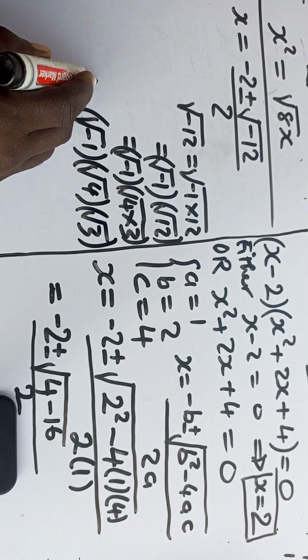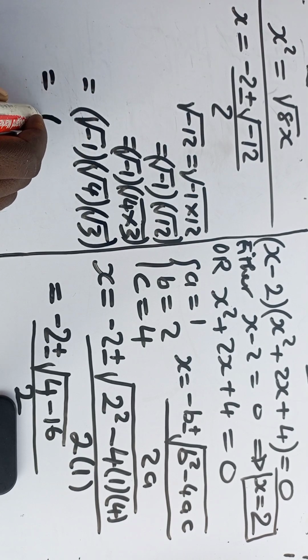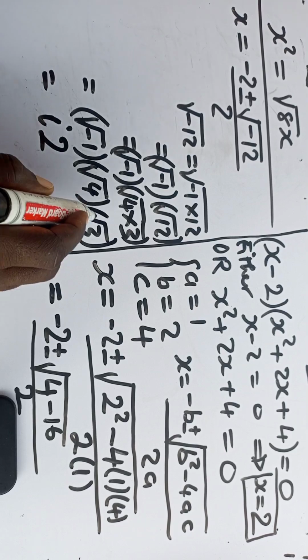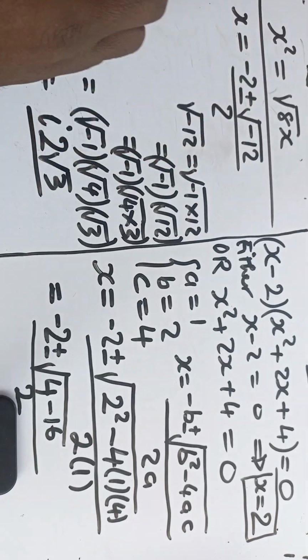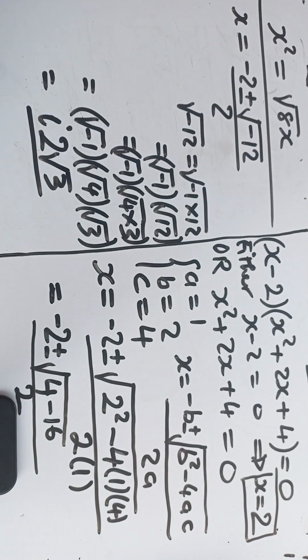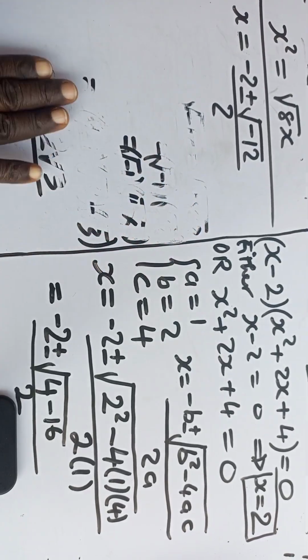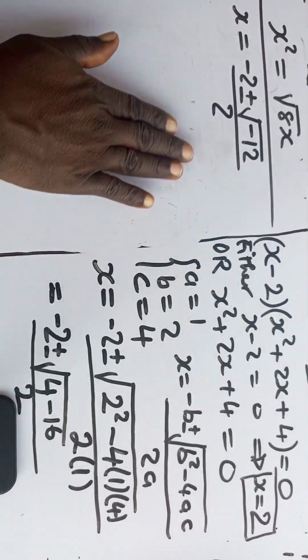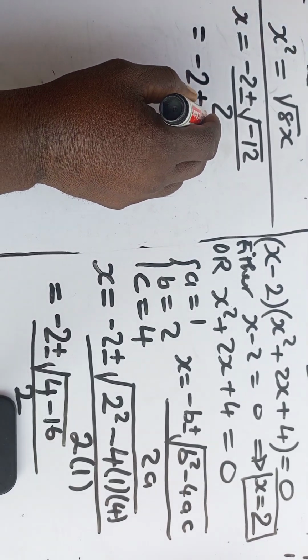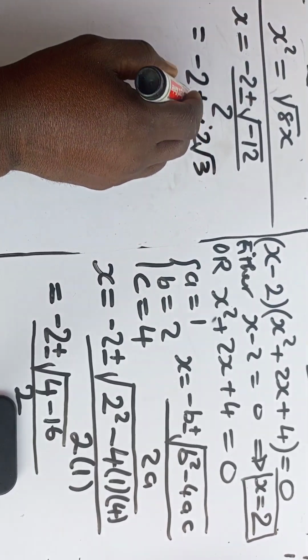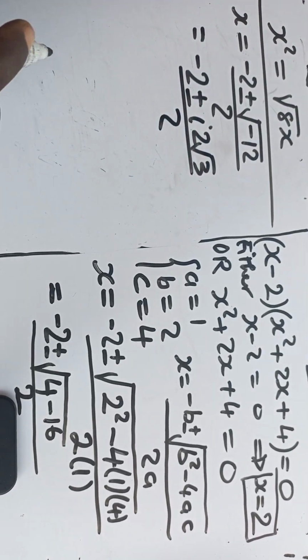Root of negative 1 is the imaginary number i. Root of 4 is 2, and then we multiply that by root of 3. So we now carry this and put it in the place of root of negative 12, so it is i 2 root 3. Let's bring it up there. So this becomes negative 2 plus minus i 2 root of 3 all over 2.